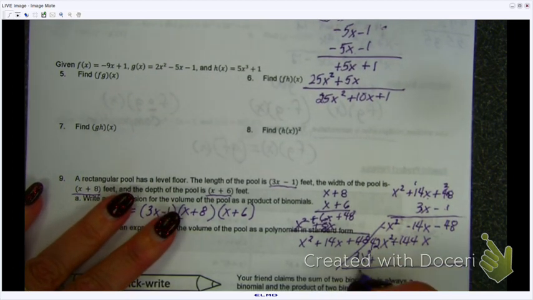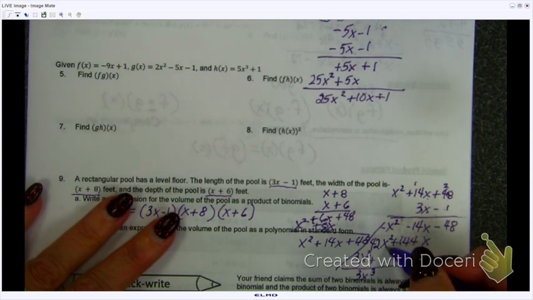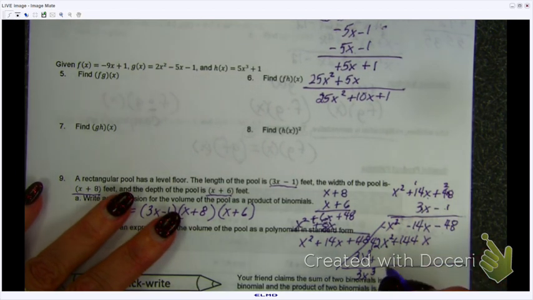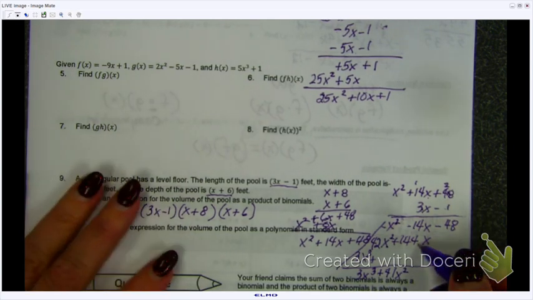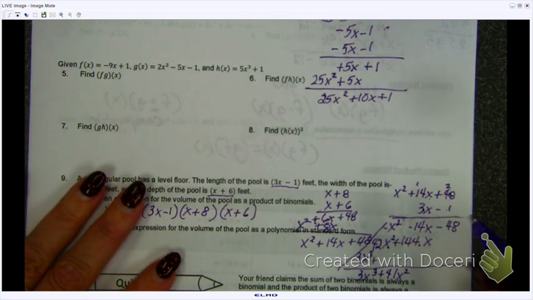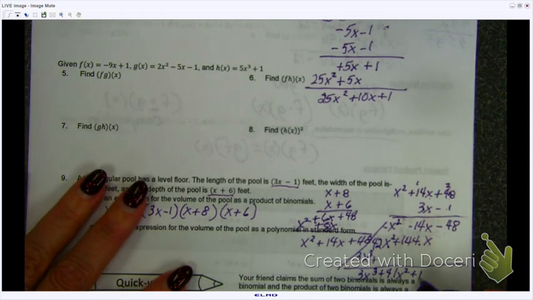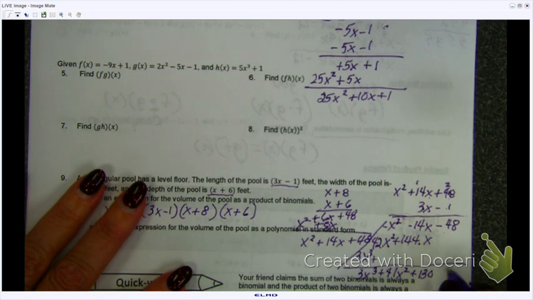So 3x cubed, 42x squared minus x squared is plus 41x squared. 144x minus 14x is 130x. And minus 48 at the end.